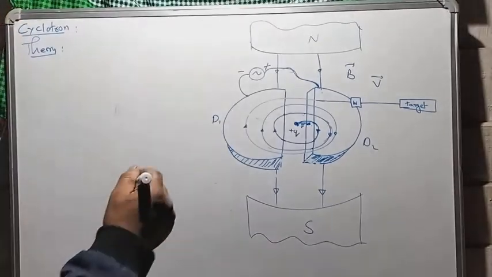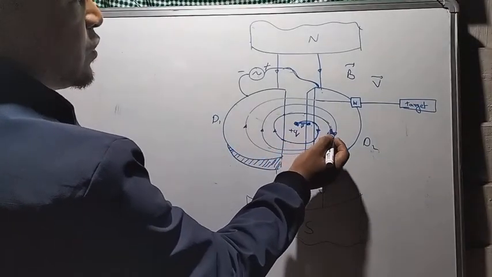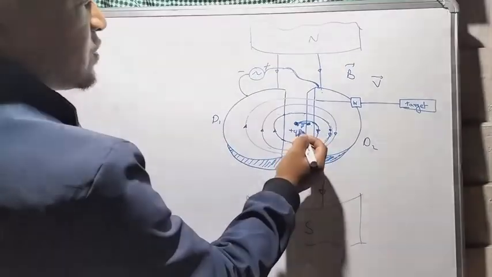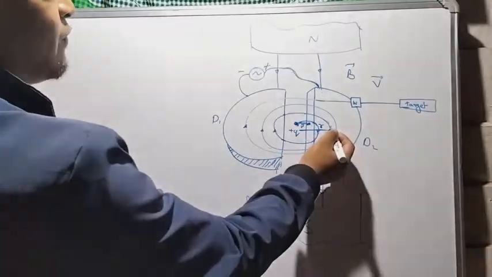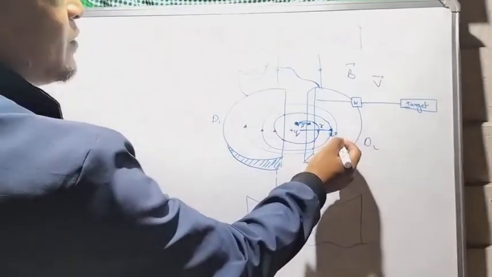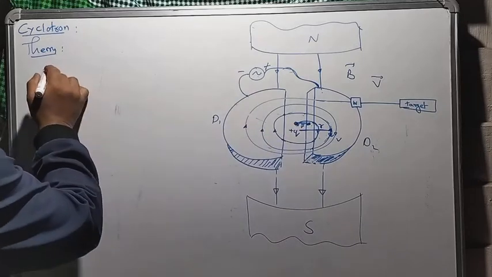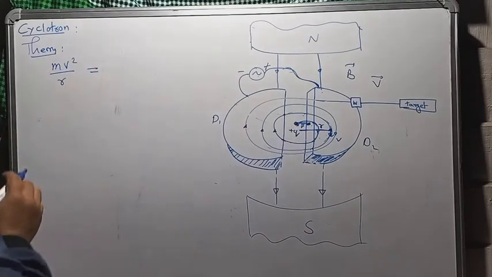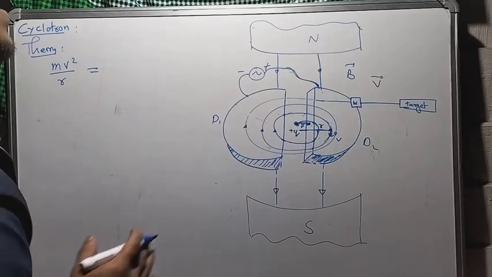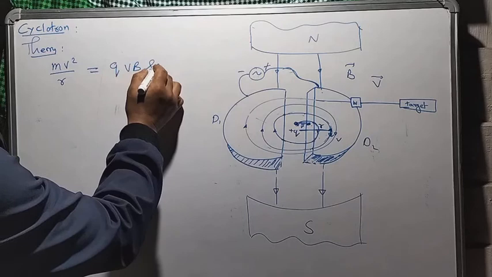Okay, suppose at any instant of time, let's say the charge is here. When the charge is here, let's say the radius of this orbit is small r, and the velocity of the charged particle at that time is v. So the centripetal force is mv square upon r, and this centripetal force is equal to the magnetic force, which is qvB sine theta.